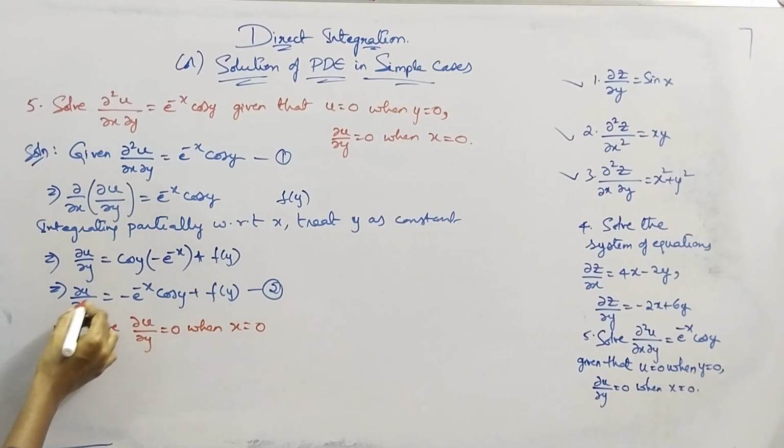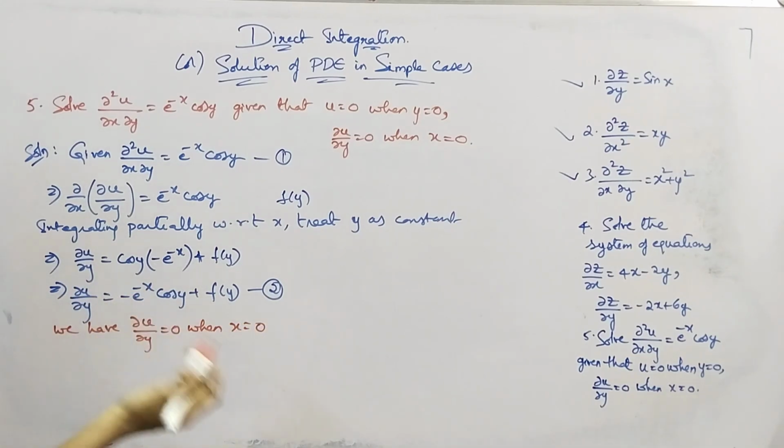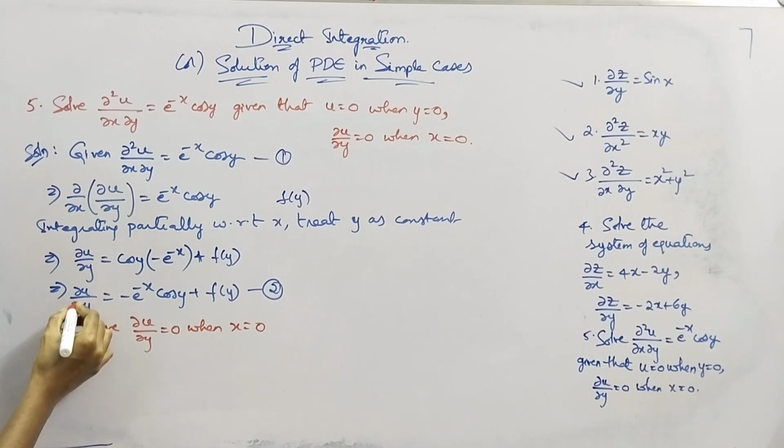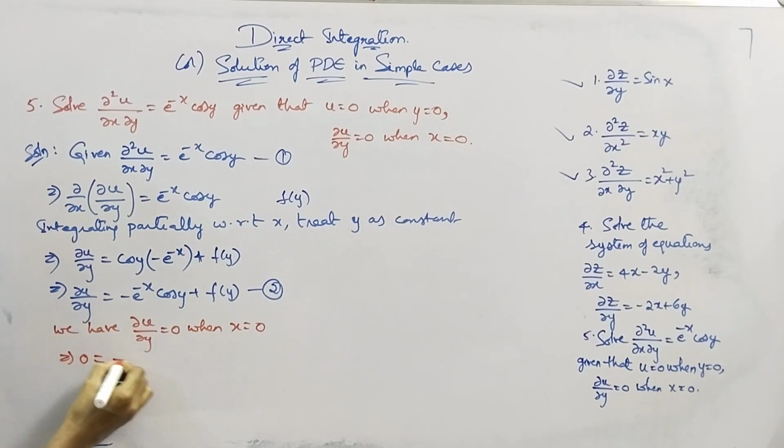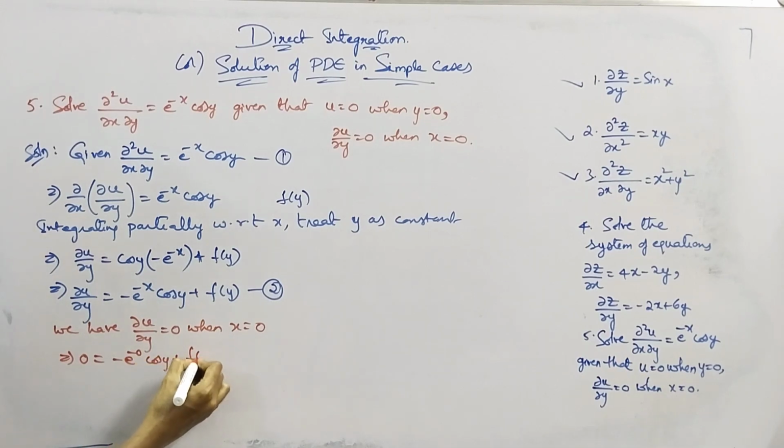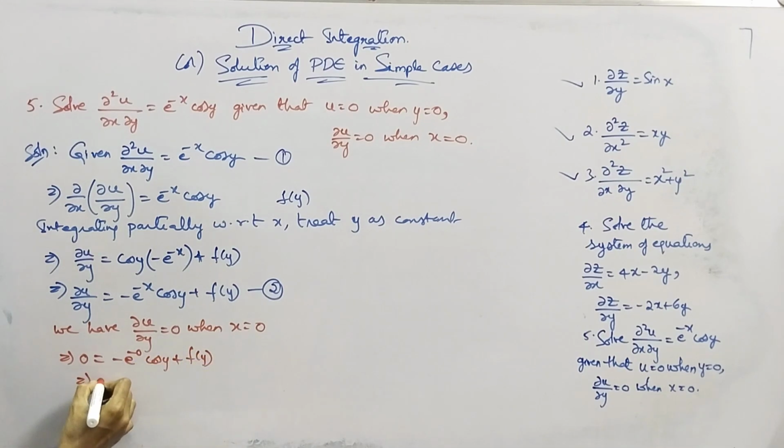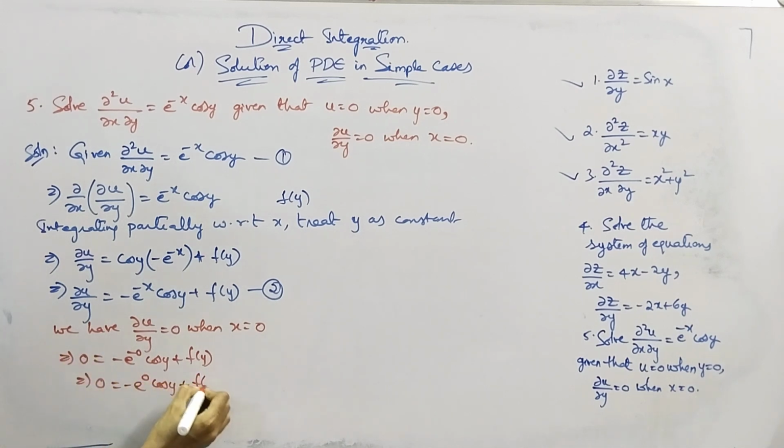Simply substitute dou u by dou y equal to 0 and x equal to 0 and see what we get. This becomes 0 equal to minus e power minus 0, or e power 0 simply, into cos y plus f of y, which gives us 0 equal to minus e power 0 cos y plus f of y, since e power 0 equal to 1, right?